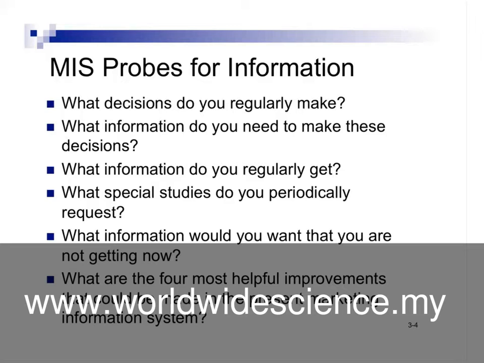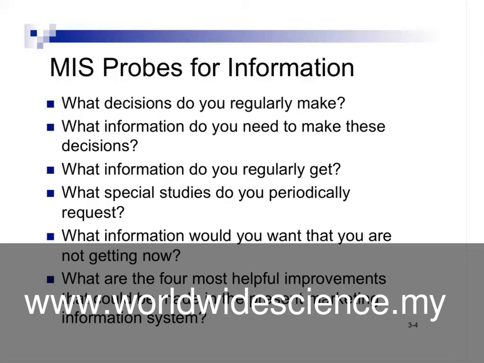And then what special studies do you periodically request, and what information would you want that you are not getting now? What are the four most helpful improvements that could be made in the present marketing information system? So basically, we are sort of brainstorming. These are the questions you ask when you're looking for some information.